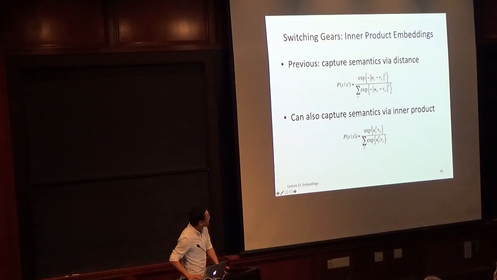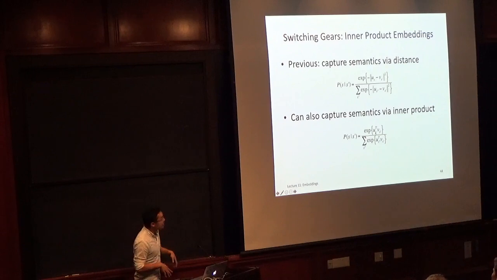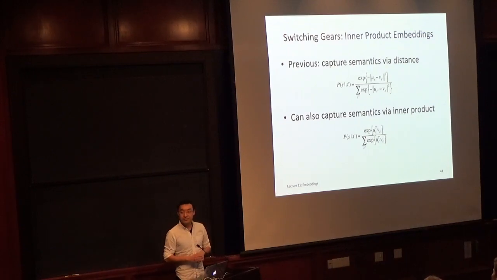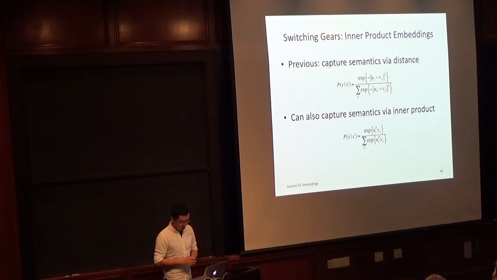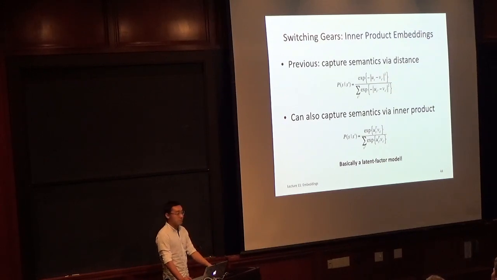Given the current word, under this particular simple model, the probability of observing the next word is this logistic model, but the scoring function is now a linear dot product where I have to estimate U and V. And this is basically a latent factor model that we've seen before.